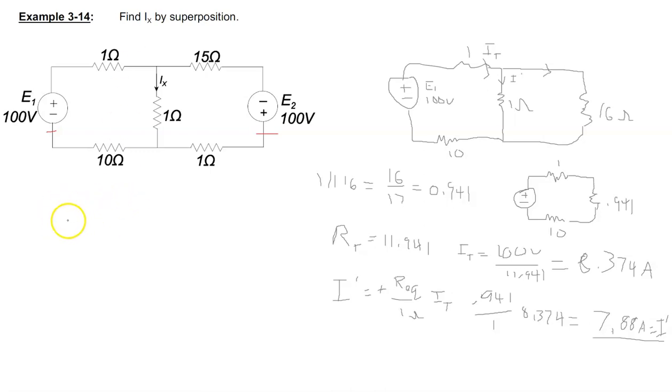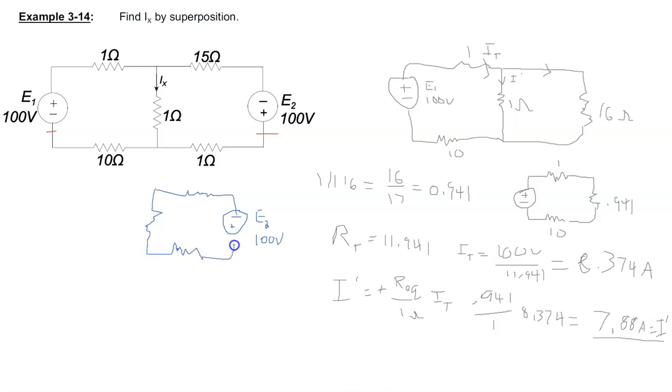Okay, now the next circuit will have E2 over here, and note the polarity of that is positive on the bottom. E2, 100 volts, and we have on top 15 ohm, we have the 1 ohm, and I'm sorry my resistor is not very good there.